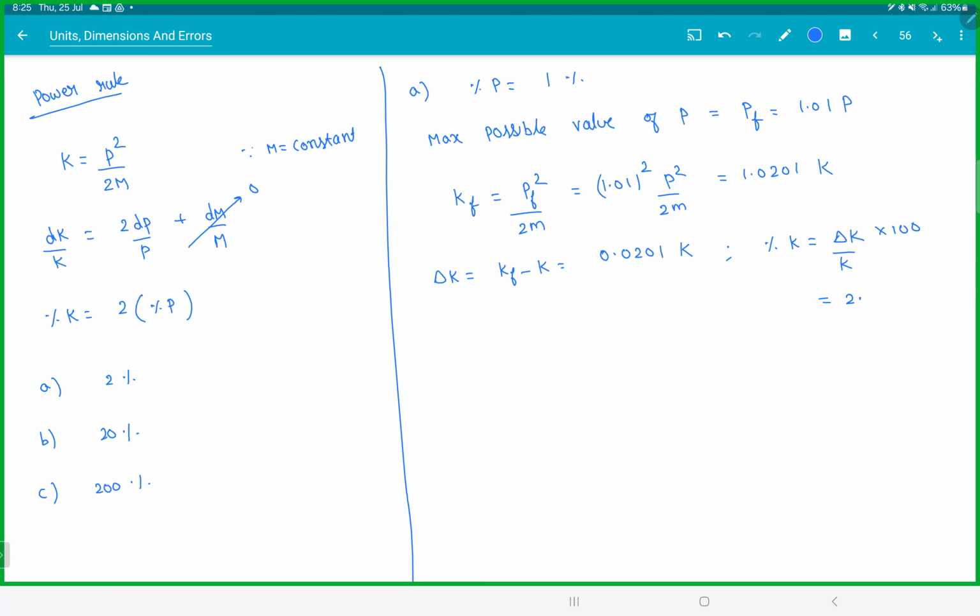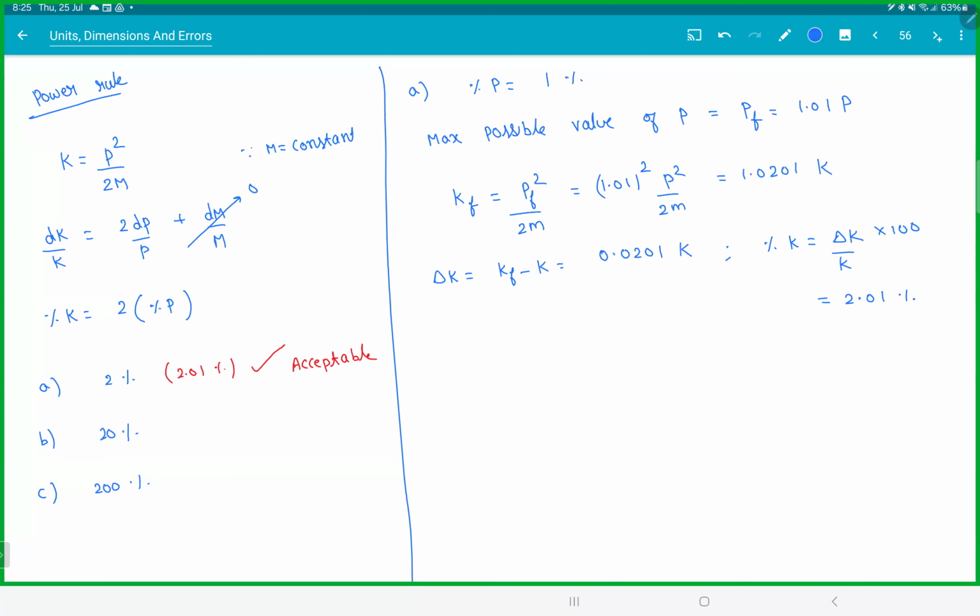When you do this, you get 2.01%. So the actual answer is 2.01%, but this is acceptable. Meaning, fine, there's an error in the second decimal. That's what I said. When the error is very small, you get a pretty neat answer.